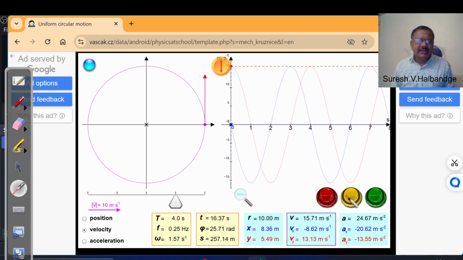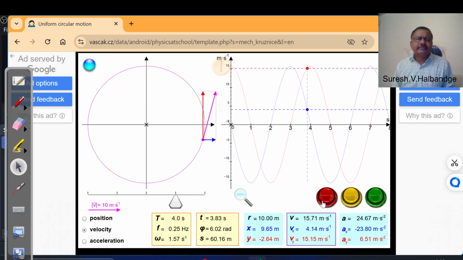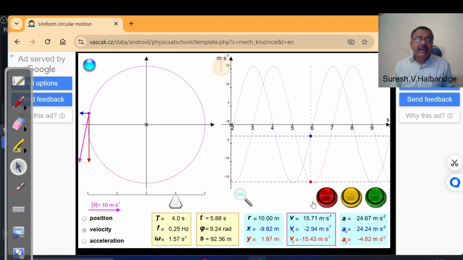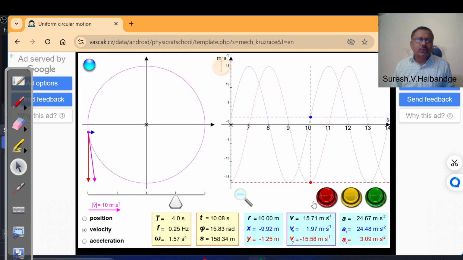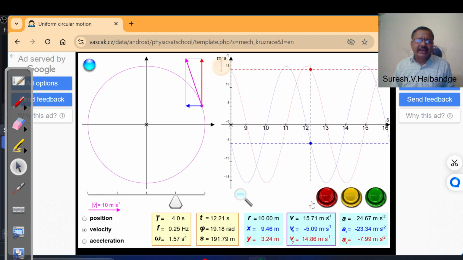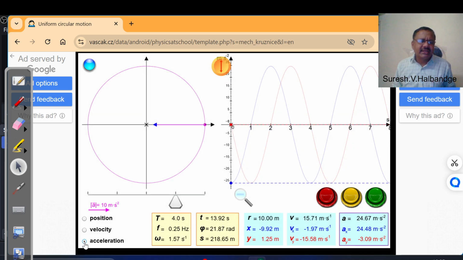I'll start the animation and you just have a look at it. Beautiful analogy. Here, the tangential velocity can be resolved into two perpendicular components, and it is shown. One is a horizontal component and the other is a vertical component. Now we shall click on the acceleration component.